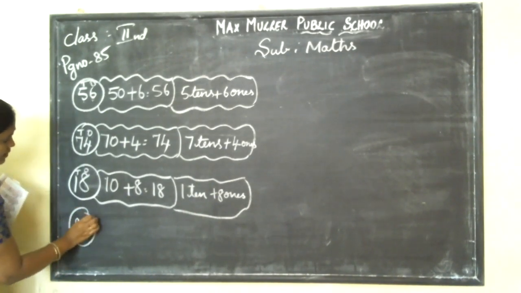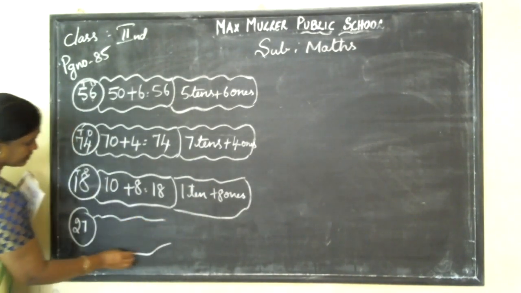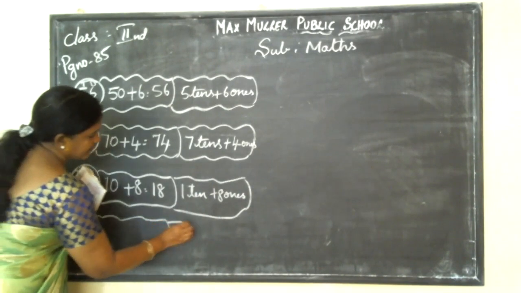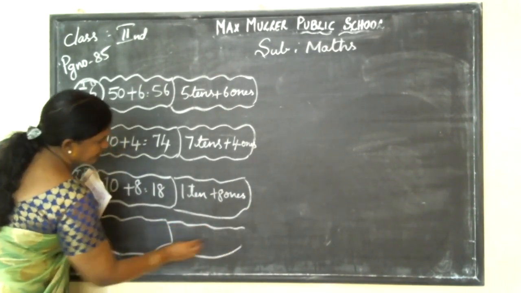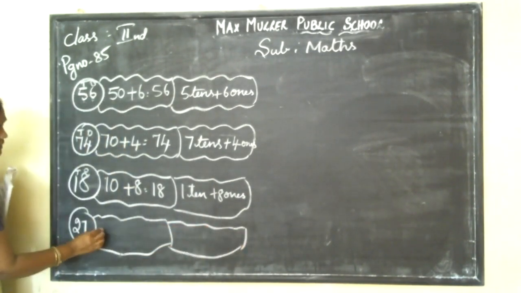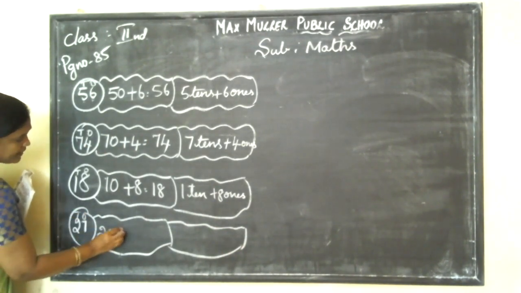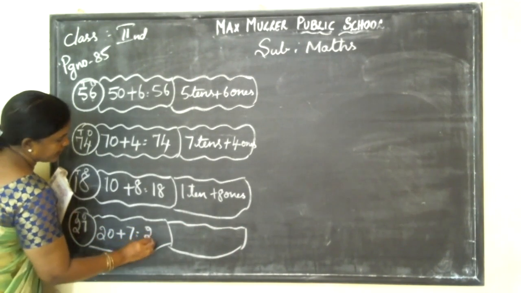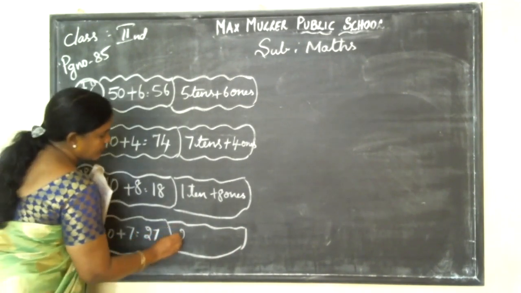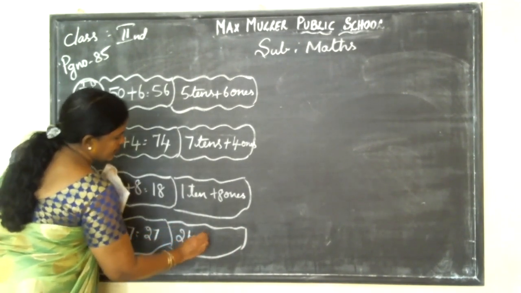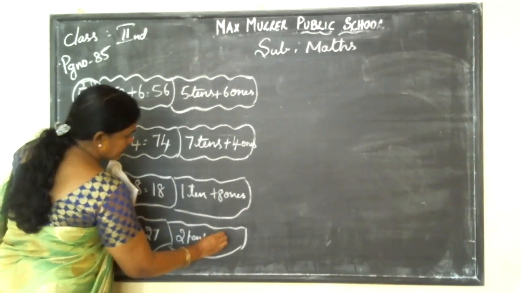27. Ones, tens. 20 plus 7 is equal to 27. 2 tens plus 7 ones.